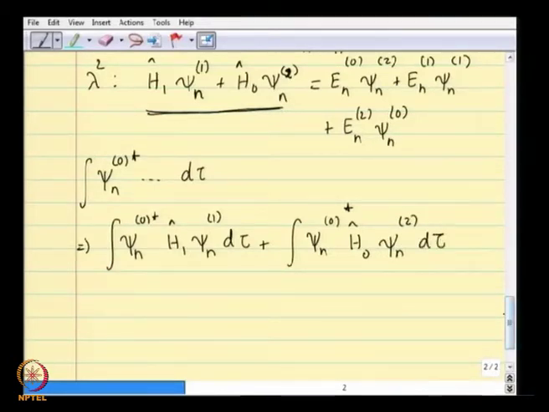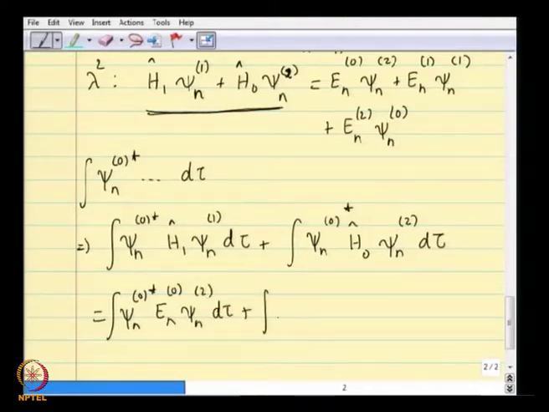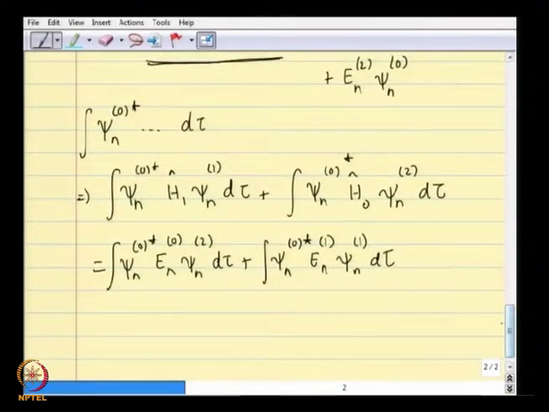And on the right hand side we do the same thing, namely the integral psi n0 star En0 psi n2 d tau plus the integral psi n0 star En1 psi n1 d tau plus the integral psi n0 star En2 psi n0 d tau.